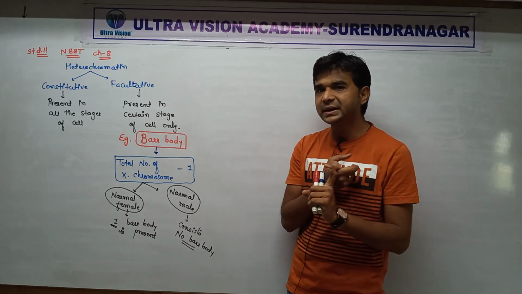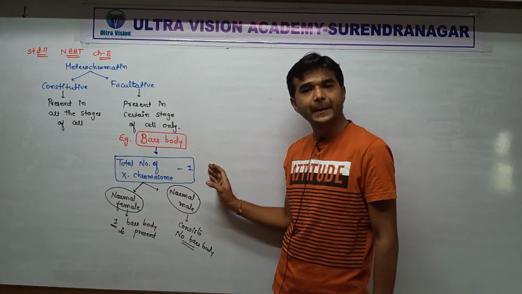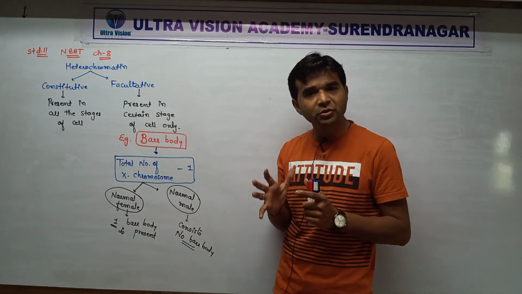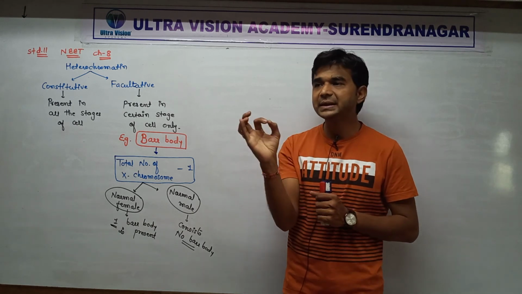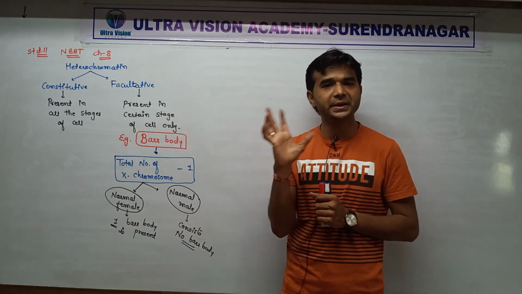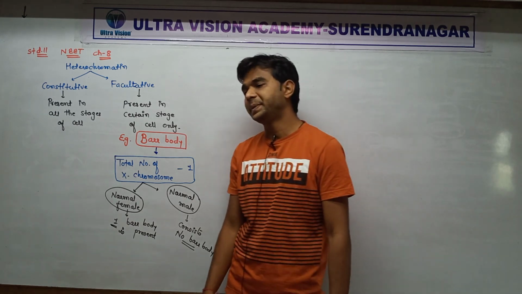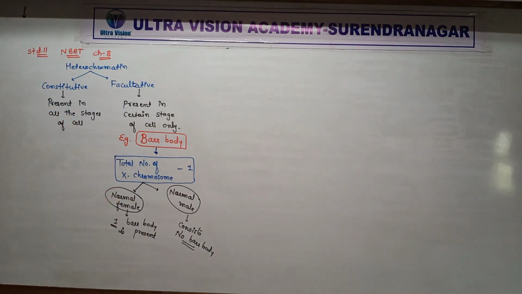How do we identify the sex of the child? By obtaining the number of bar bodies. If one bar body is present in the amniotic fluid, this indicates that a female embryo is present, definitely. And if no bar body is present, we say that a male baby or male embryo is developing there. So this is about the bar body. It is the facultative heterochromatin.